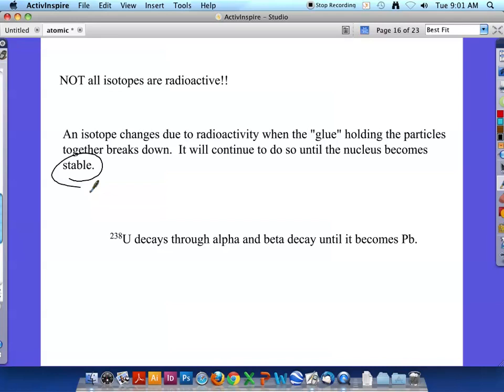Uranium is talked about a lot in the news, or it was not too long ago. Uranium-238 is a radioactive isotope of uranium. It will go through a variety of alpha and beta reactions until it becomes stable. And when it's stable, it is the element lead.